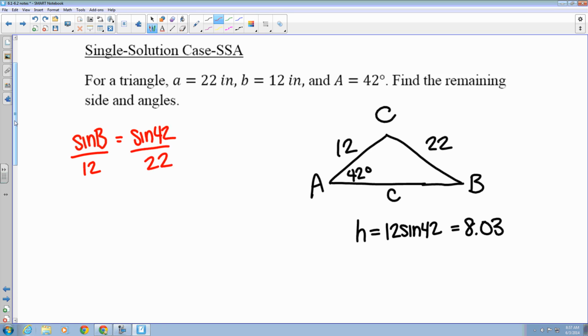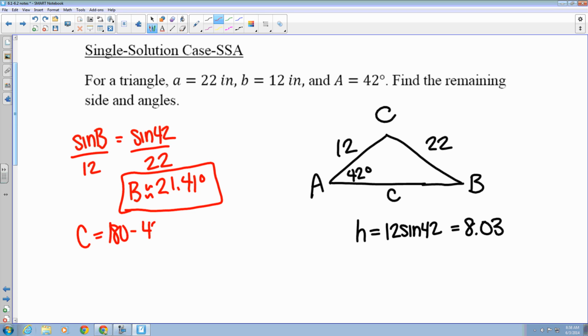Cross multiply, take the inverse sine of your answer, and you'll get about 21, not 12, thinking backwards. 21.41 degrees for angle B. Then I can subtract from 180 to find angle C, so 116.59 for angle C. And then I can finally find side c with our pair.